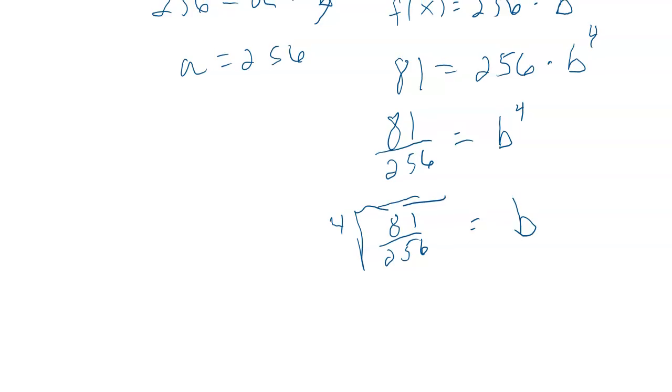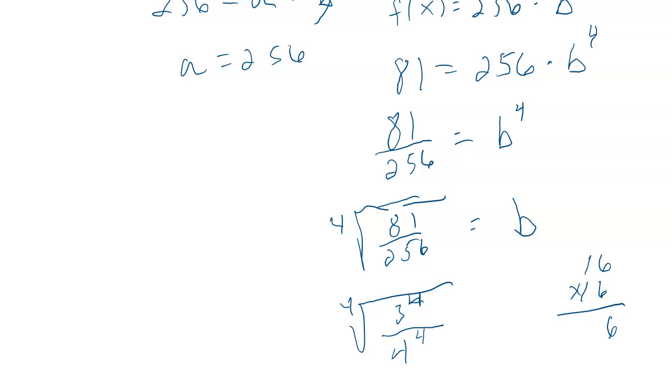Let's simplify this. You should see that 3 to the fourth power is 81. Now we've got 256. I believe that's 4 to the fourth power, because 16 times 16 is 256.